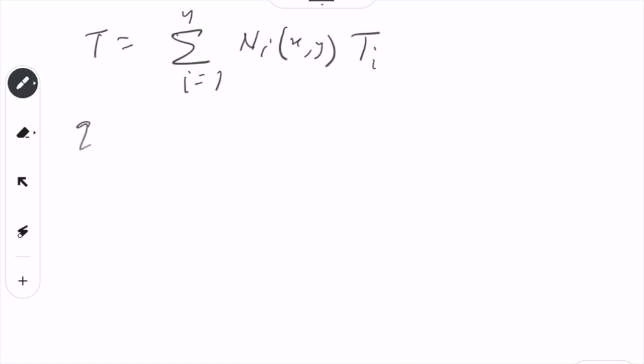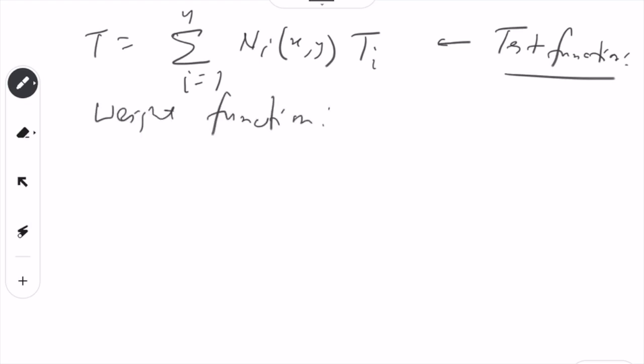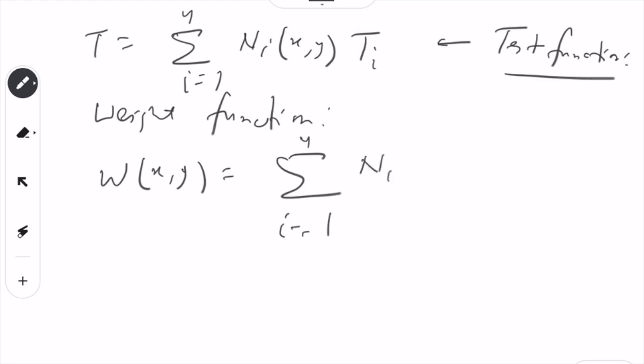So T equals the summation from i equal to 1 to 4 of Ni(x,y) multiplied by Ti. Now the gradient of that T, if you want to find Q, because we have to write Q there. Before Q, also this is the test function, the weight function. You can write W(x,y) equal to summation i equal to 1 to 4 of Ni(x,y) Wi.